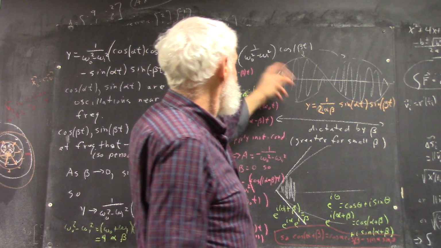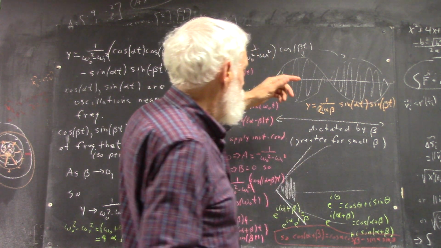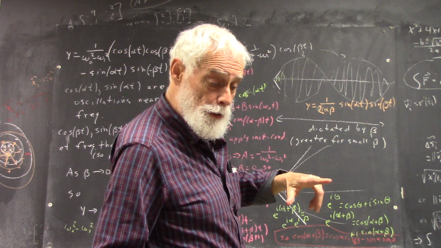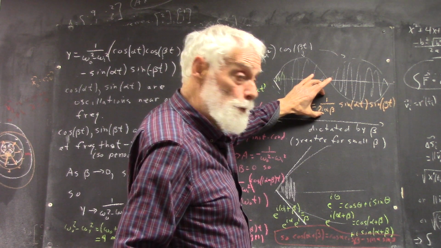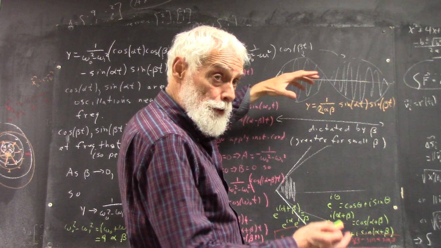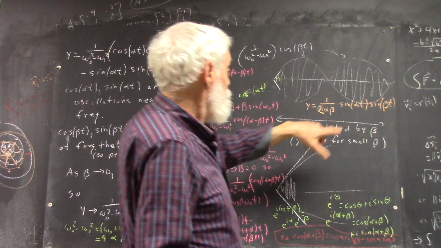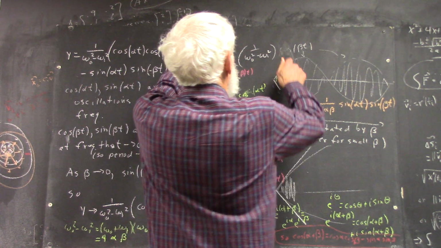So as omega 1 approaches omega naught, beta approaches 0. So this term gets very big. So this factor out in front gets very big, your amplitudes get very big. You have a sine of alpha t, which is what this is, it's what I wanted it to be.